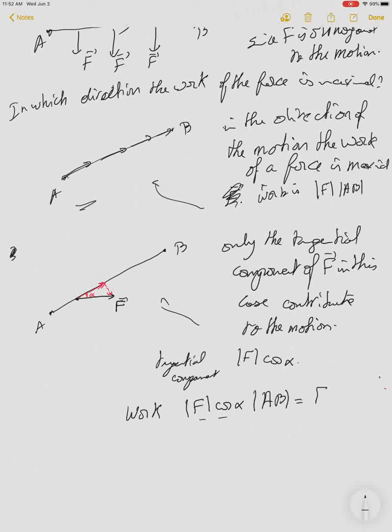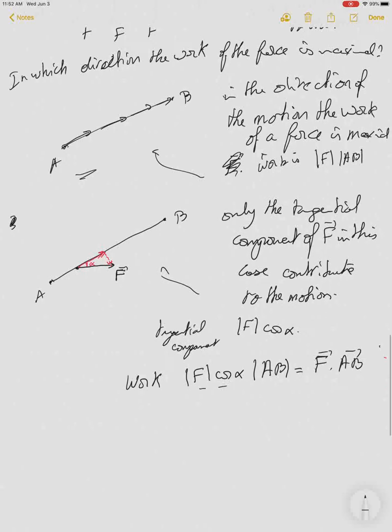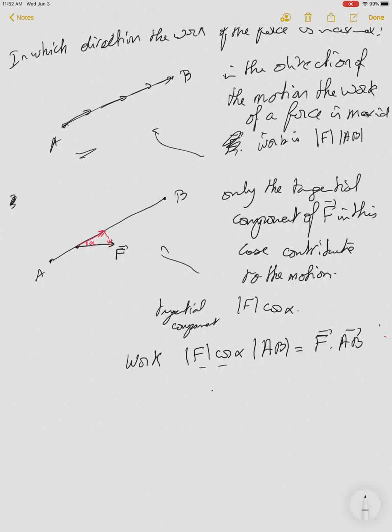And this is nothing but F dot AB. I can write this another way, as F dot AB over the absolute value of AB, times the absolute value of AB.